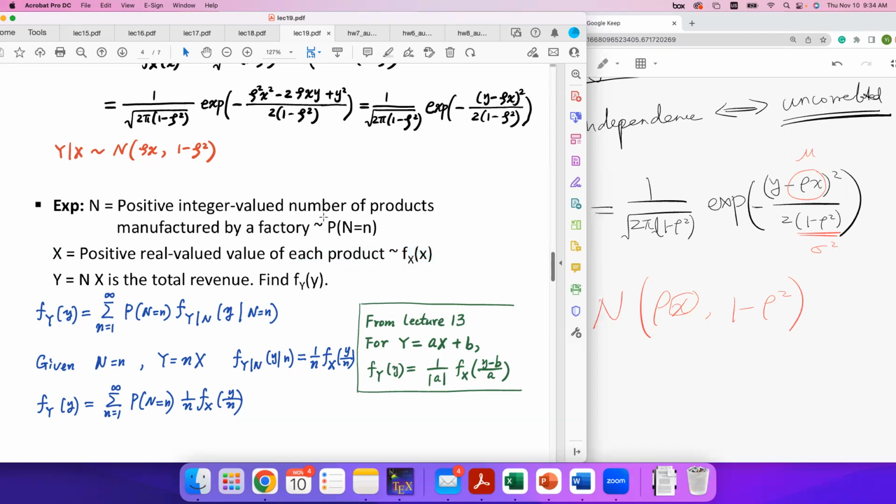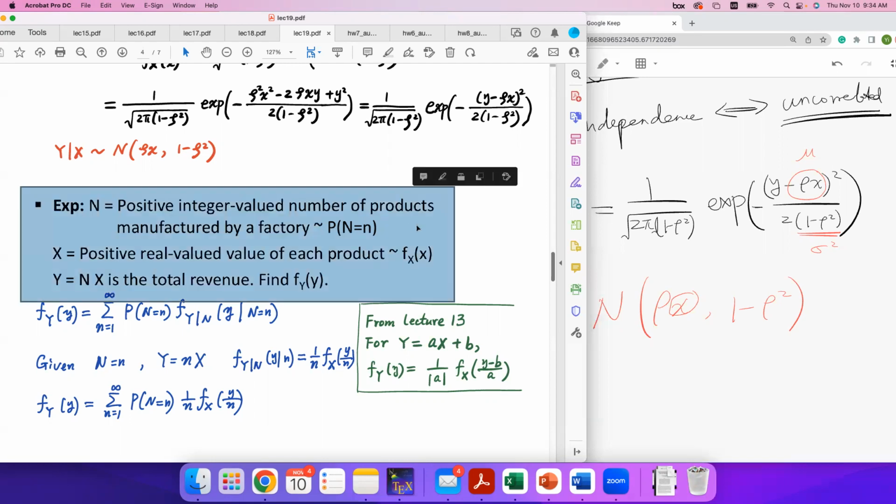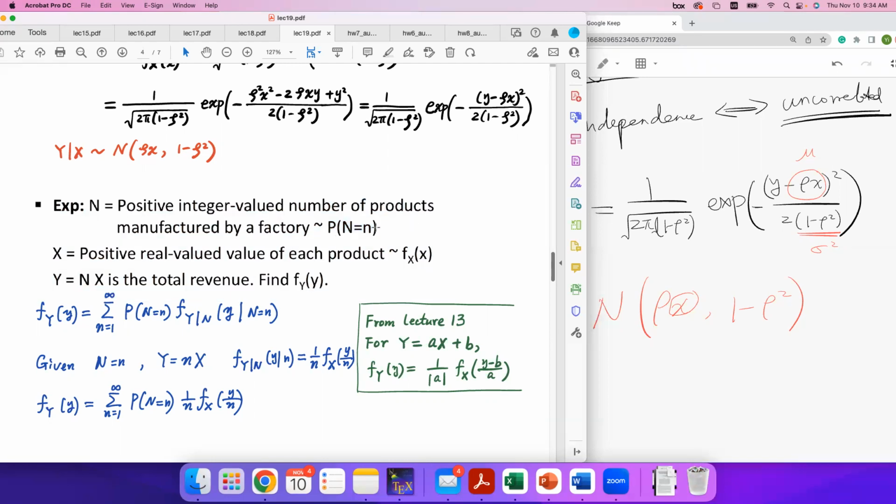So basically, the number of products manufactured by the factory is a random variable. And then the value of each product is also another random variable.